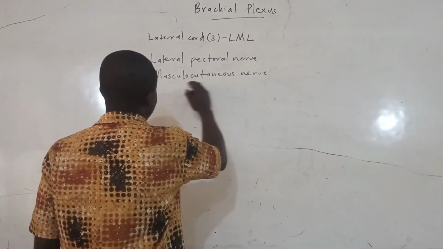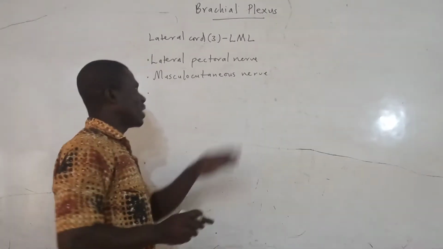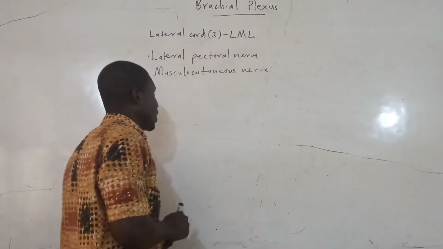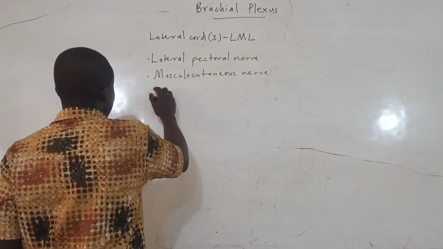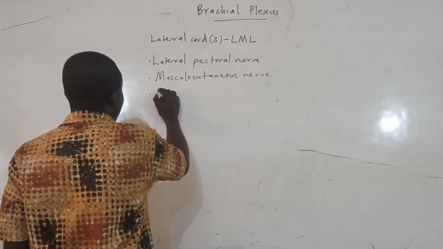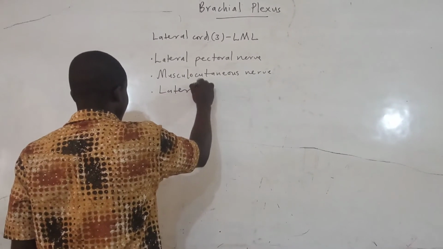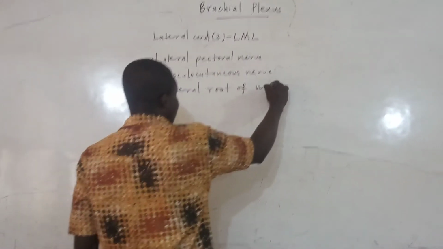So now, after supplying these, it becomes the lateral cutaneous nerve of the forearm. Now, the next one that we find, there's another L, that's the lateral root of the median nerve.